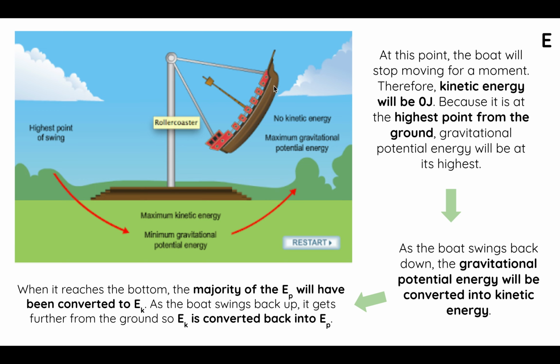It's going to pause for a moment and then start swinging back this way. And as this boat swings back down, it's going to get closer to the ground, so it will lose gravitational potential energy, and that's going to be converted into kinetic energy.